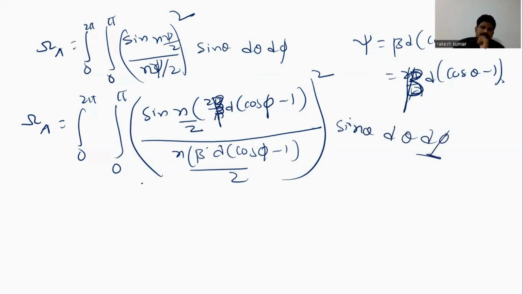Here no phi component is there. Okay, so we can bring the 2 pi before this.